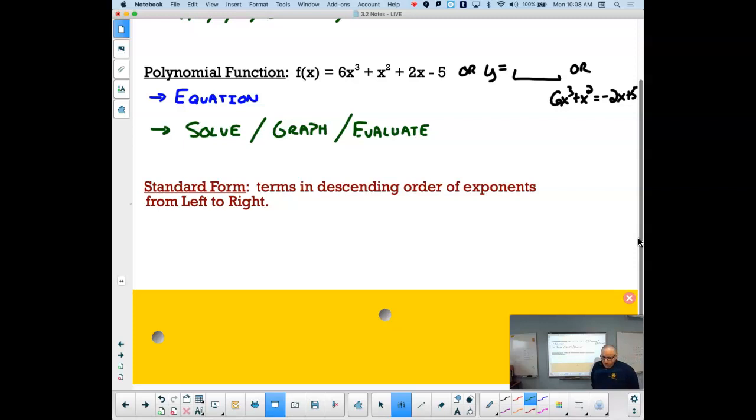Now, one other part to this is that we have something here in standard form called the lead coefficient.